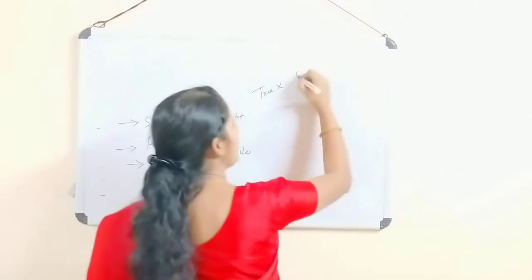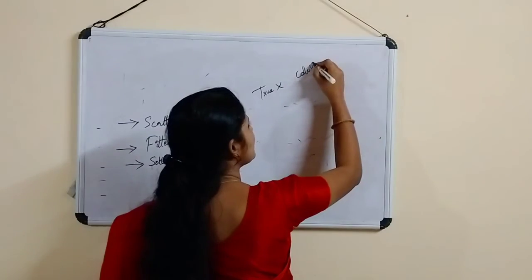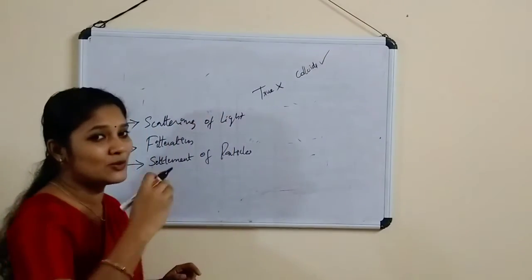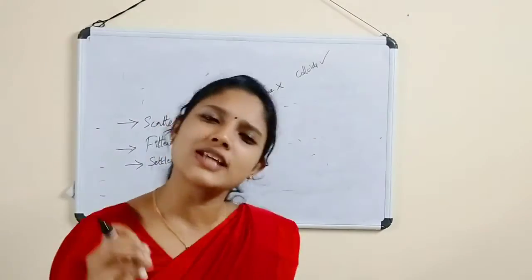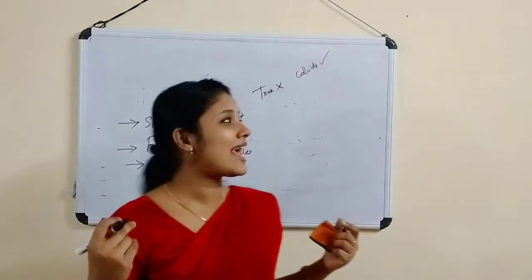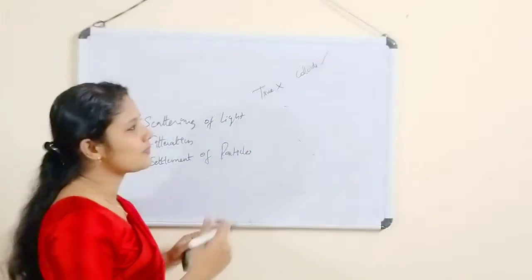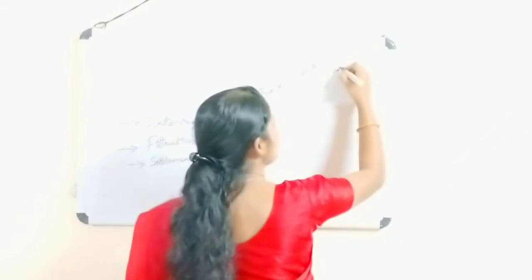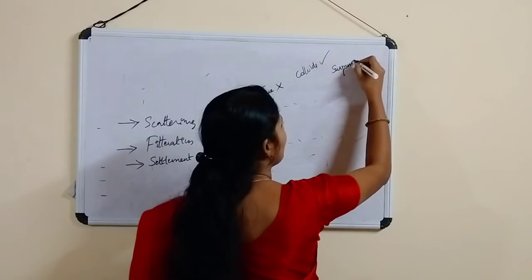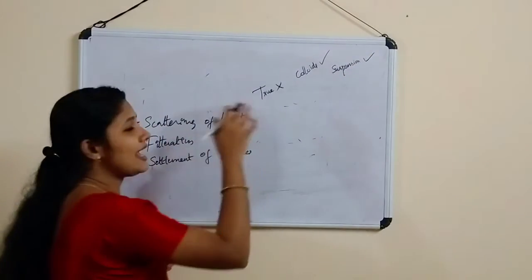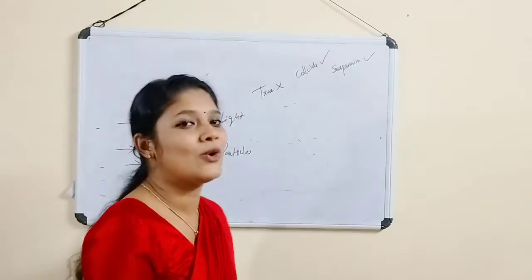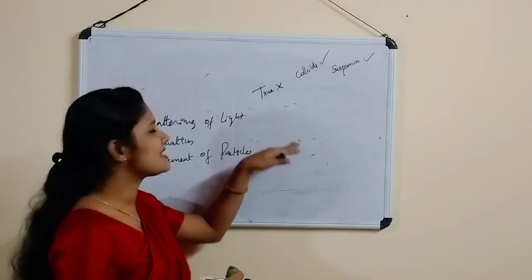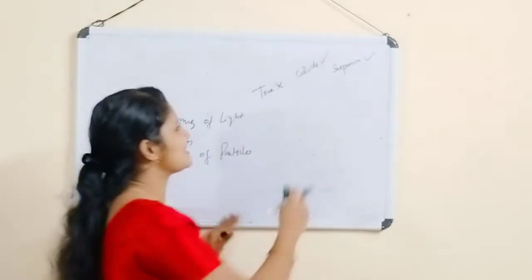In case of colloids, it will take place, because there are small particles which have the ability to scatter light. And in case of suspension also, scattering of light takes place because they have large sized particles.